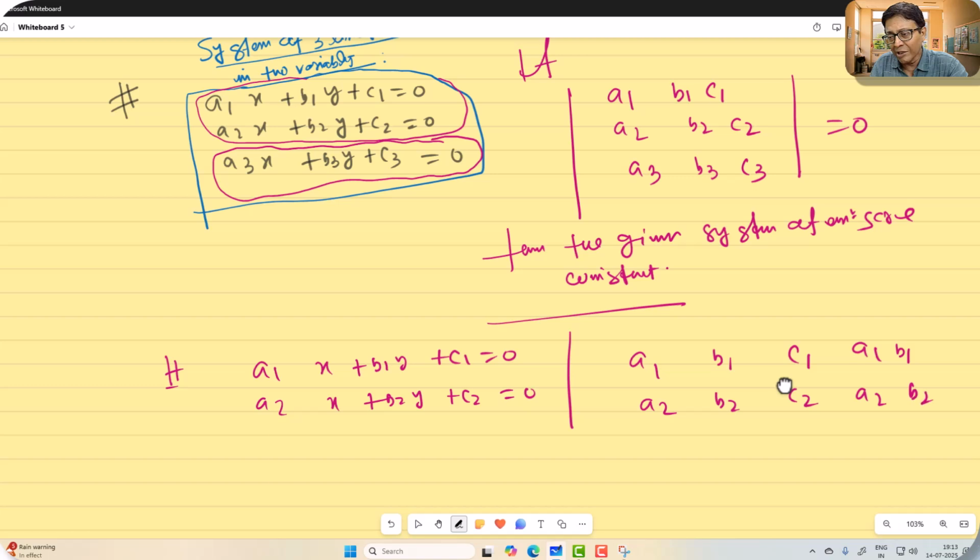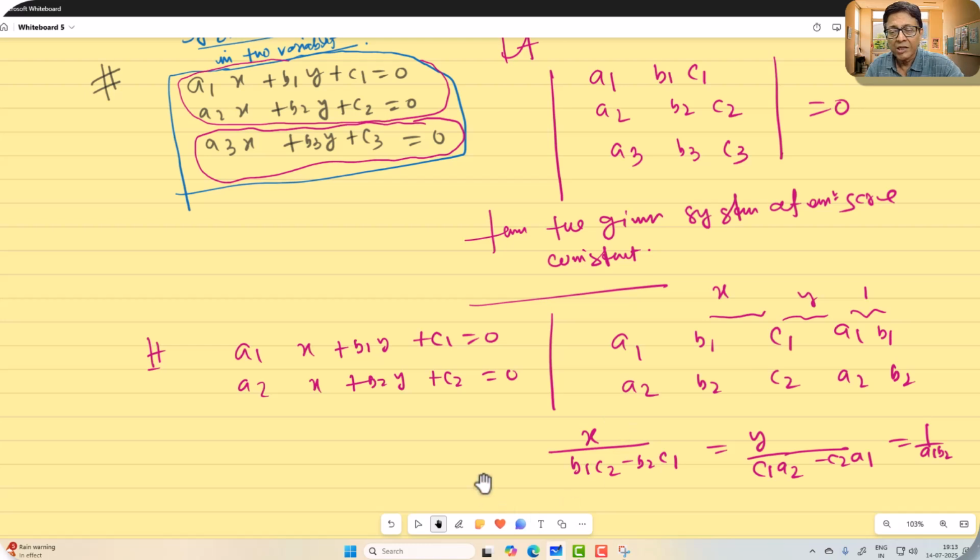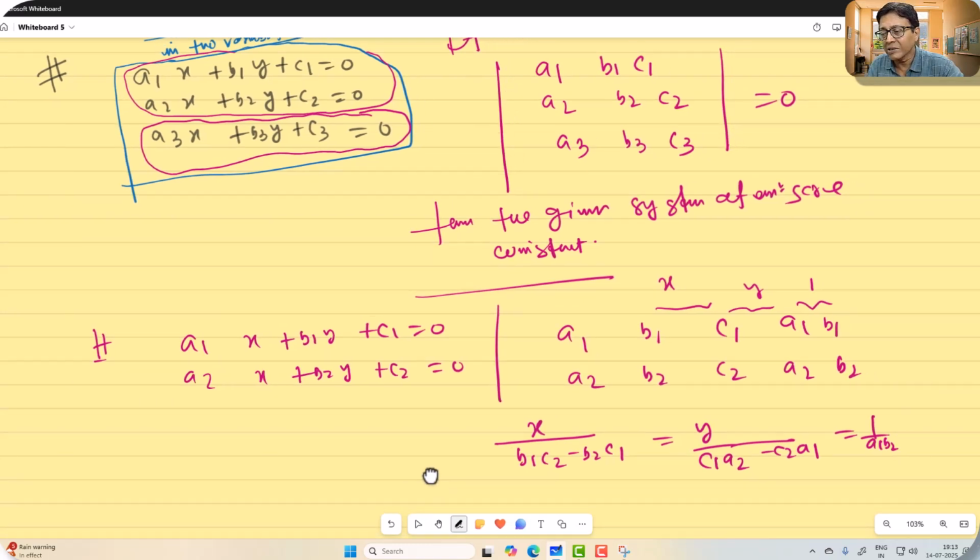Remember it, this we take X, this one Y, the origin of the determinant is from here only, no? I am bringing them back. X by B1 C2 minus B2 C1, Y by minus C2 A1 is 1 by A1 B2 minus A2 B1. Okay?